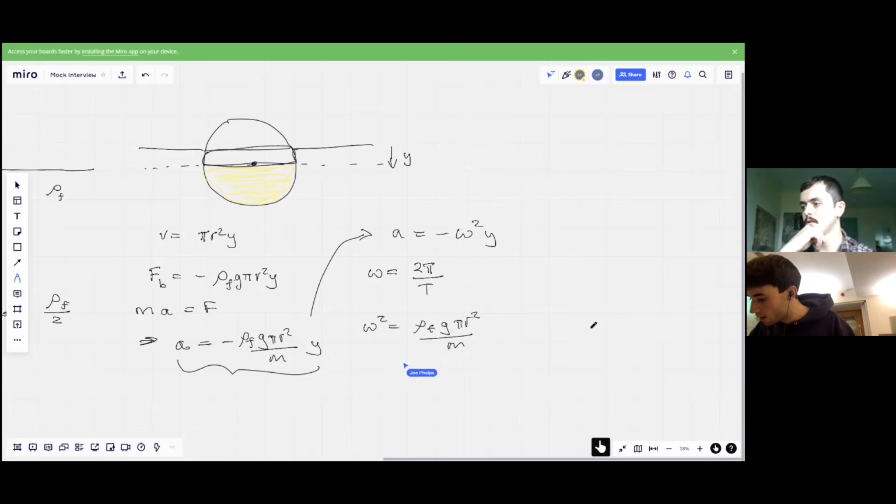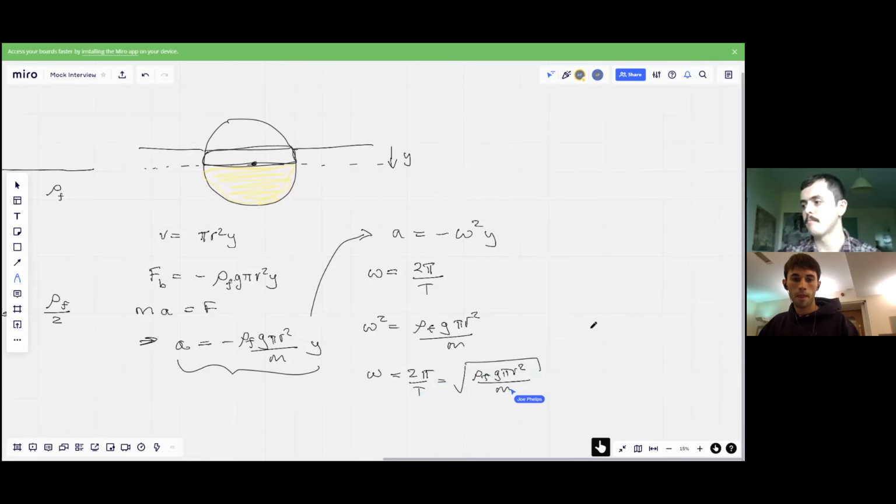So omega, 2 pi over T, is the square root of that. Yeah, perfect. And then we could rearrange for T. One thing, because we have an expression that links the density of the fluid with the density of the solid, do you think there's something you can simplify inside this expression that would be to do with the density of the fluid and the mass of the sphere?